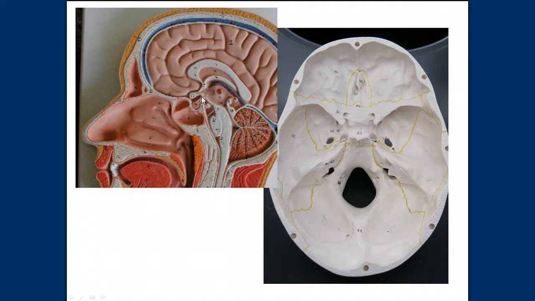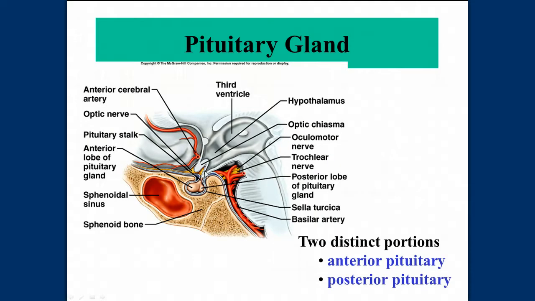And then the stalk that holds the pituitary gland is called the infundibulum. Here it is again: the third ventricle, the thalamus, the hypothalamus, the infundibulum is the pituitary stalk, and the hypothalamus here.